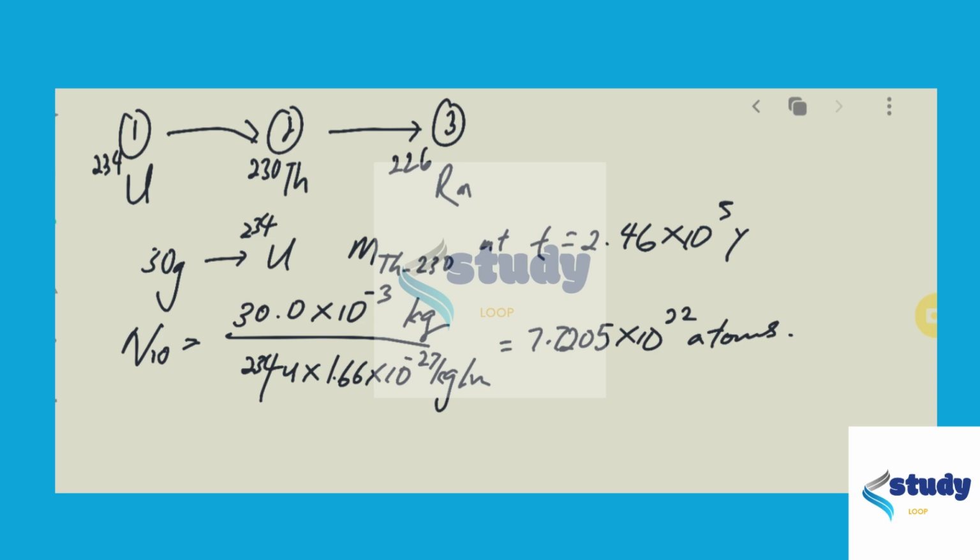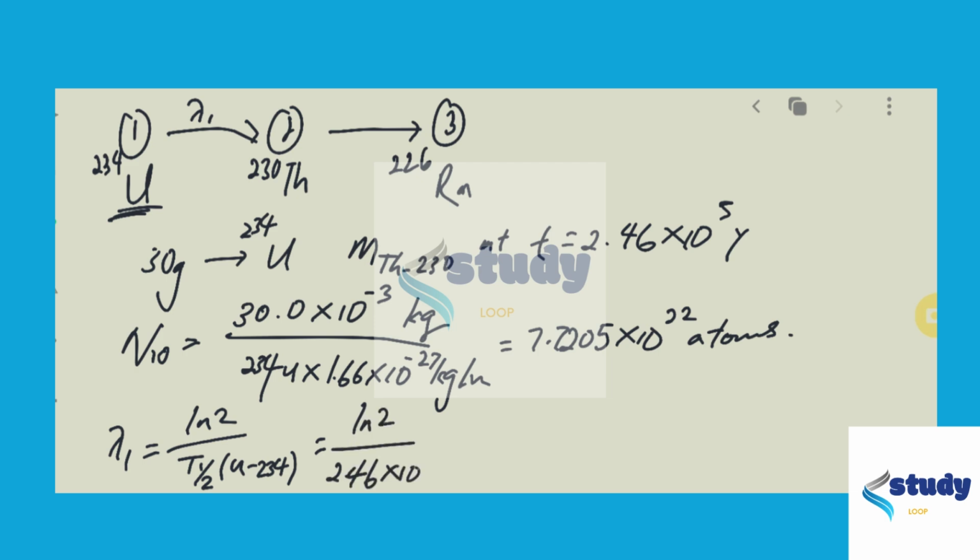Next, we want to find what is our lambda 1 and lambda 2. So we know lambda 1 is basically the decay rate of uranium, which is just ln 2 over the half-life for uranium. This is 2.46 times 10 to the power 5.